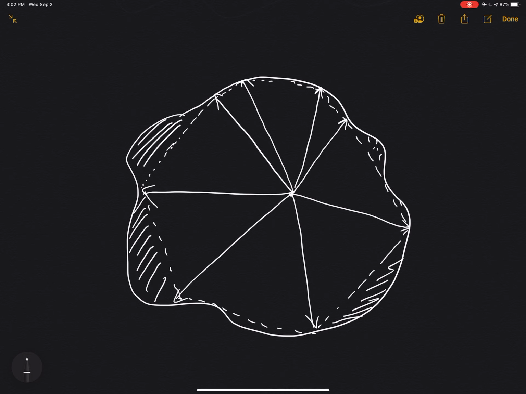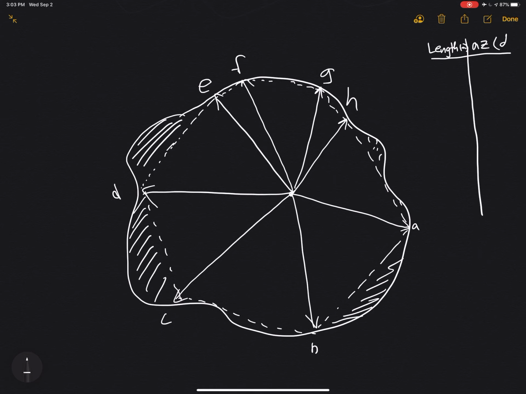All right, I'll label these radii again. A, B, C, D, E, F, G, H. And then let's just record what we see about it. So length in meters and azimuth in degrees.